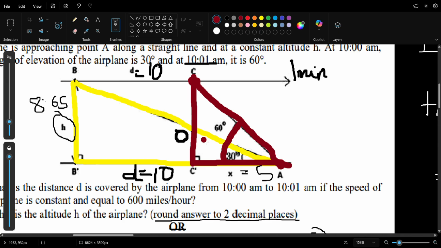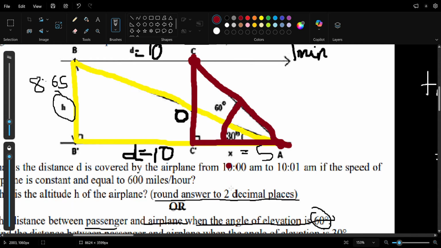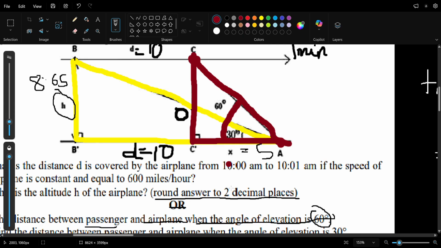Many people here would substitute x equal 5 and finish off their answer with 5 miles. But listen to the question. It says the distance between them. It's not from the base. It's from the hypotenuse, because if you're standing here, looking at the airplane, the distance between you and the airplane is the actual distance.